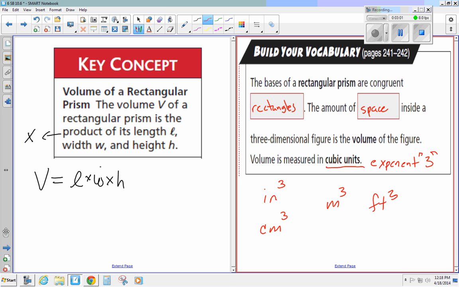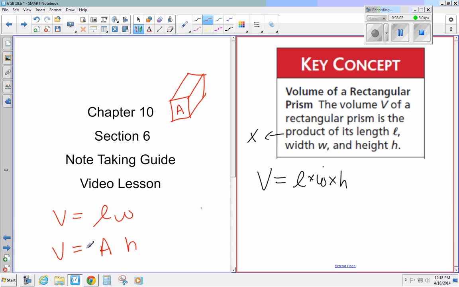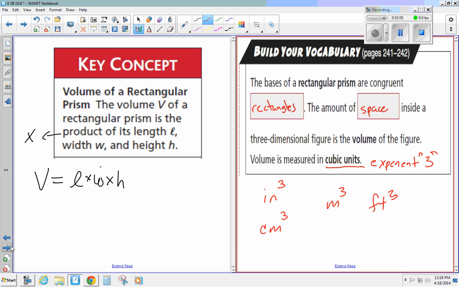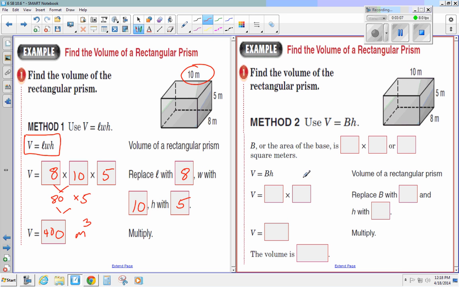All right, and then this is the second formula. This is what I said over here. That is the area of the base. So there's two formulas you can use. This is formula 1. This is formula 2. You take the area of the base. So B, the area of the base, is, all right, here's the base. It's not a square, it's a rectangle.